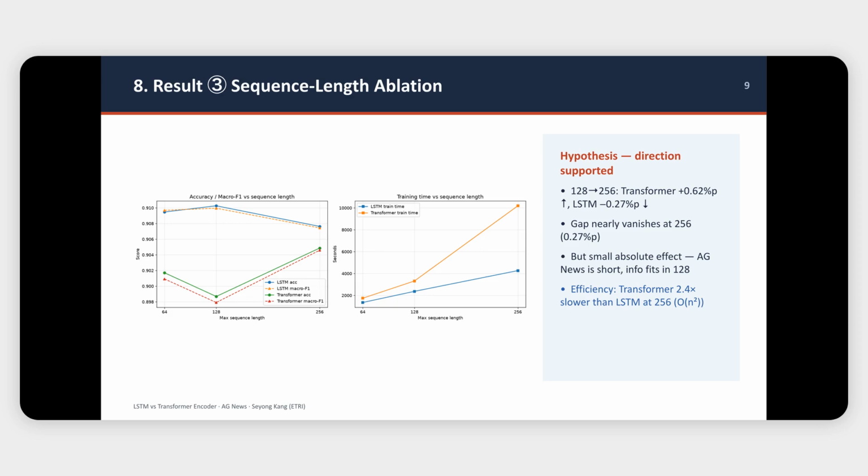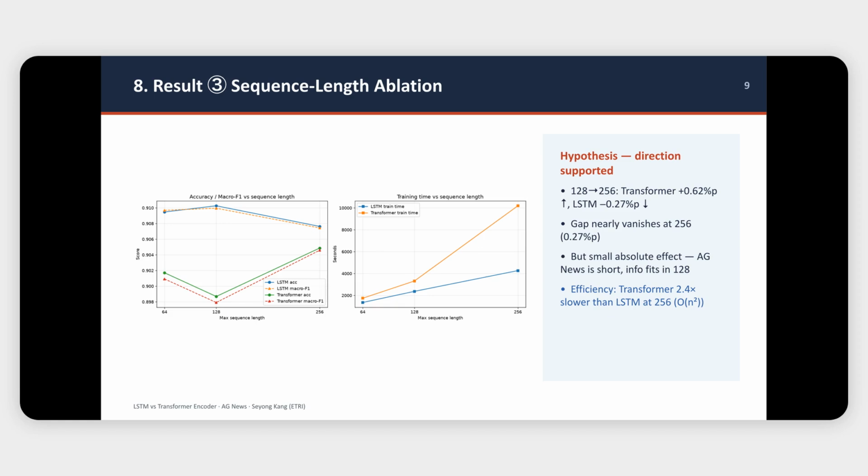Third, the main test of length. Changing only the input length across 64, 128 and 256. On the accuracy line from 128 to 256, the transformer goes up 0.6 point, while the LSTM drops 0.27.